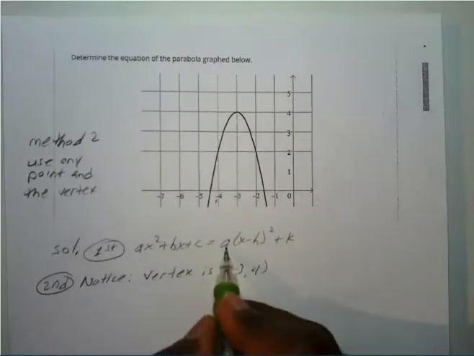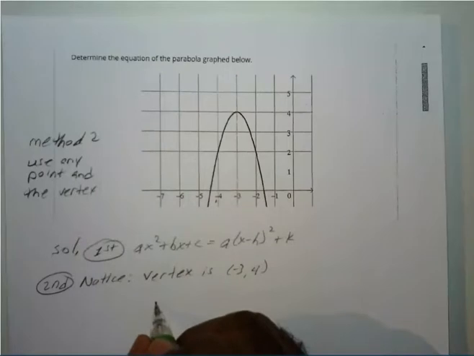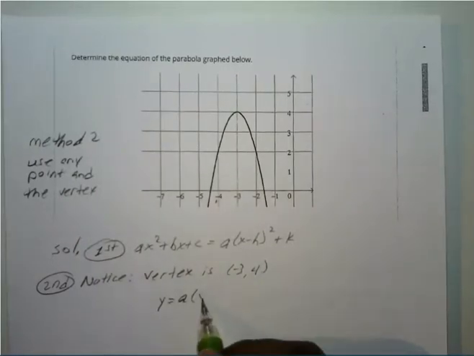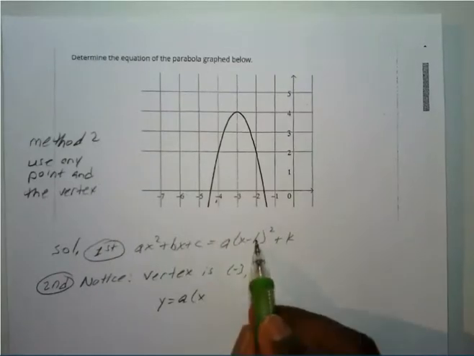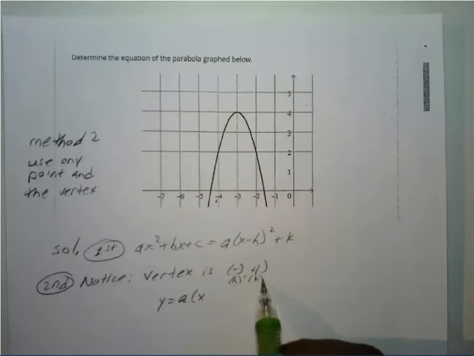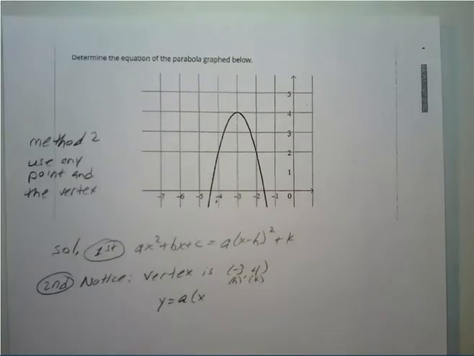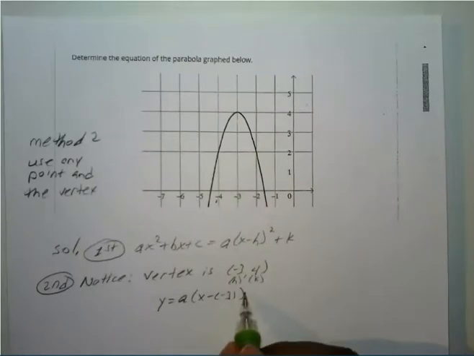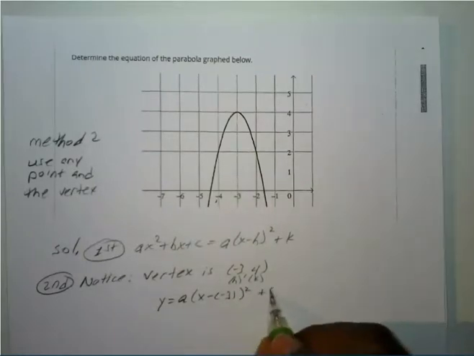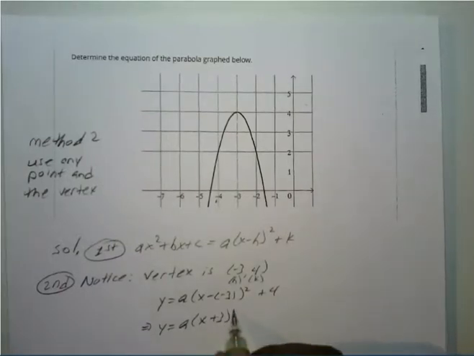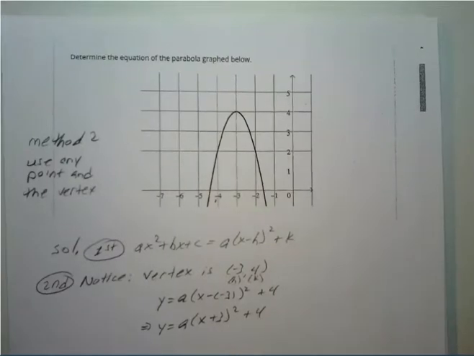That tells us that in this form, we can make y equals a times x minus -3, because remember, this is your h, and this is your k. So x minus -3 squared plus 4.